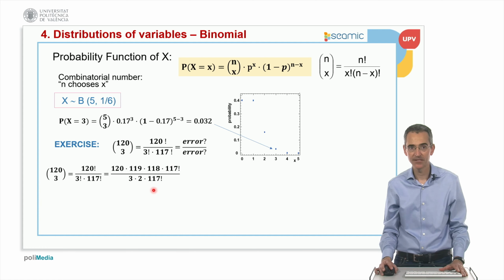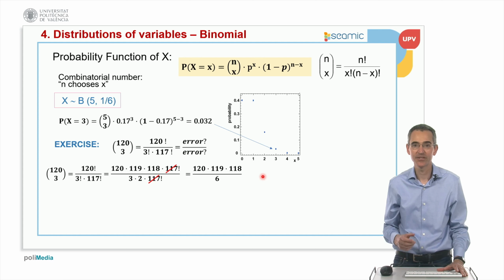And then this is divided by 3 factorial, which is 3 multiplied by 2 multiplied by 117 factorial. So both big amounts cancel, and finally we end up with an easy calculation that can be obtained with any kind of calculator. This is the way we should solve this.